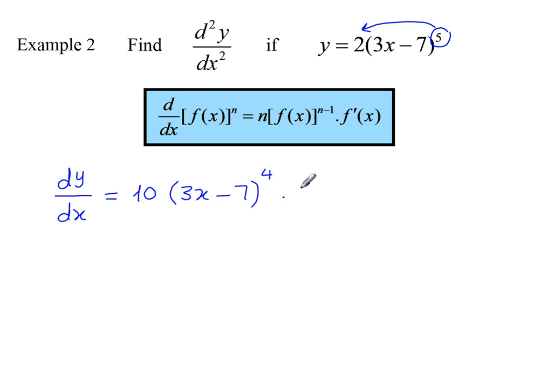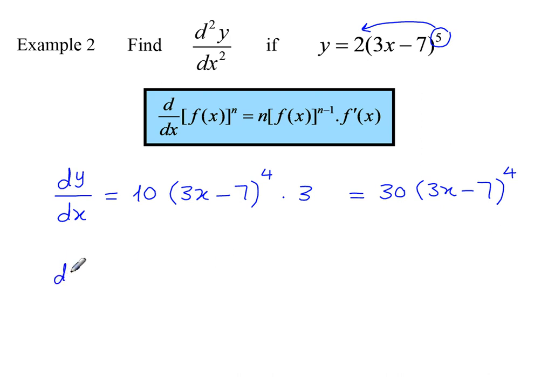The derivative of 3x minus 7 is 3. And then this can be simplified to 30 times 3x minus 7 to the power of 4. So this here is the first derivative.